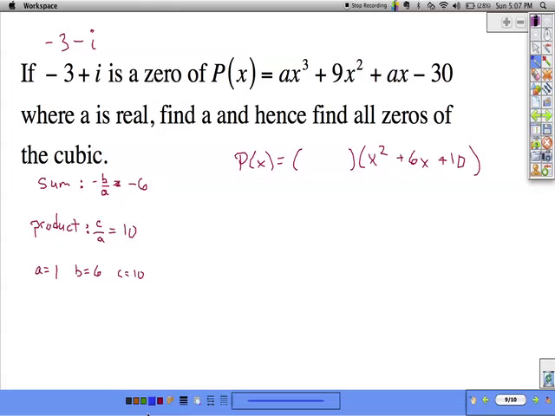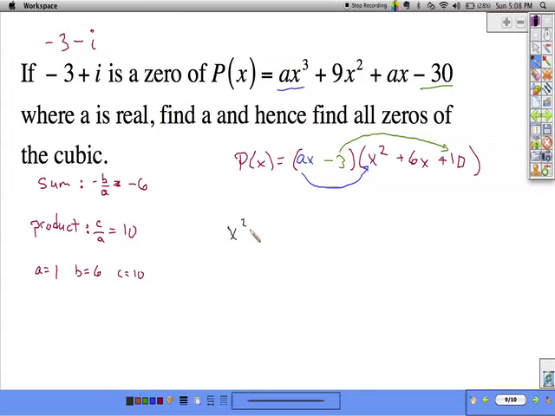Now let's start looking at coefficients here. I have a total of ax cubed. What times x squared gives me ax cubed? Well, times ax. I have a constant of negative 30. What times 10 gives me negative 30? Negative 3. And from here we can equate the coefficients.